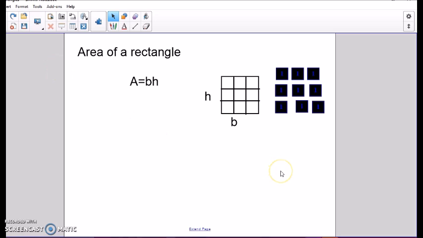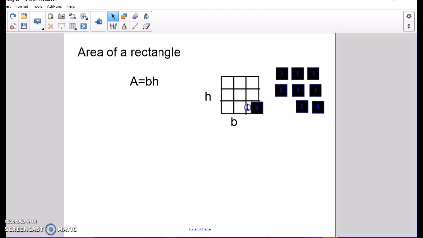So let's start with the simpler shape. The area of a rectangle is base times height, and that is because we have B columns, each with H 1x1 squares. So it's B times H 1x1 squares, which would be area equals base times height.